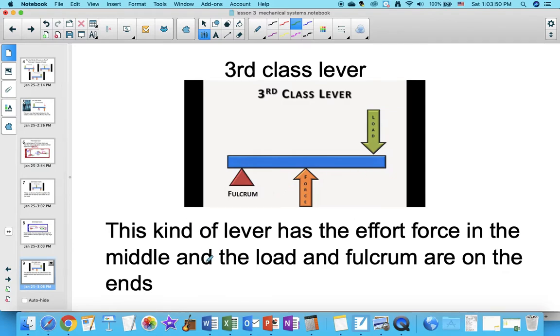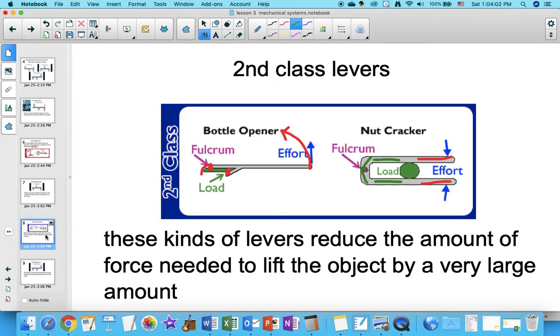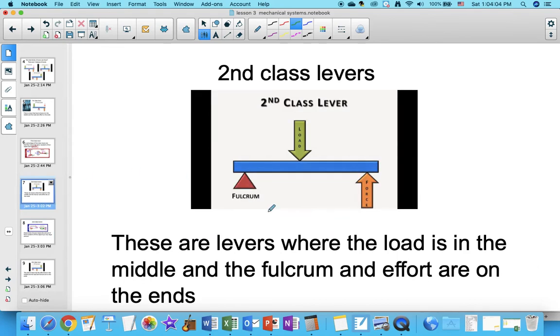The third class lever, this kind of lever has the effort force in the middle and the load and fulcrum on its ends. So the effort is in the middle. That sounds kind of weird because if you look back at a second class lever, you may be asking yourself, well, where's the load arm? Well, the load arm is here. I'm going to use green for the load arm, right?